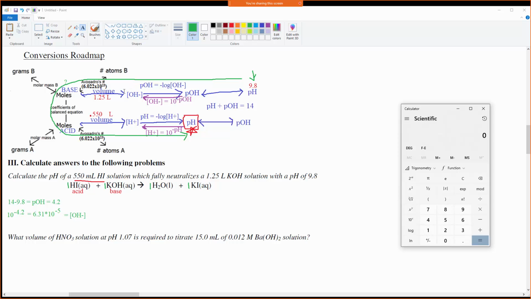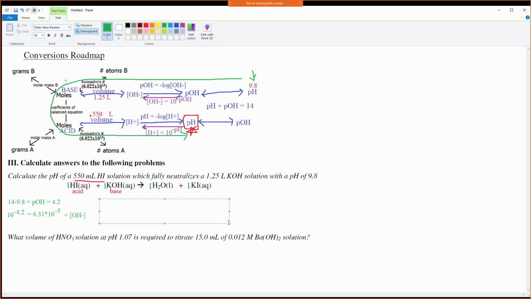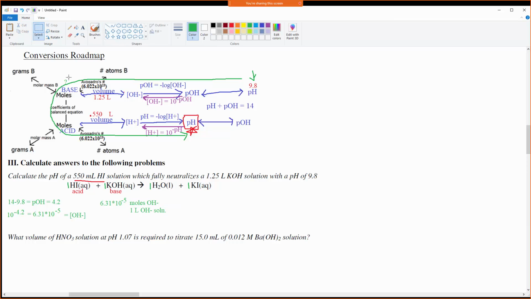Right now I'm right here. And now I'm gonna jump on dimensional analysis, right? So let's 6.31 times 10 to the negative fifth moles per liter. Good. All right. What next? Where am I?